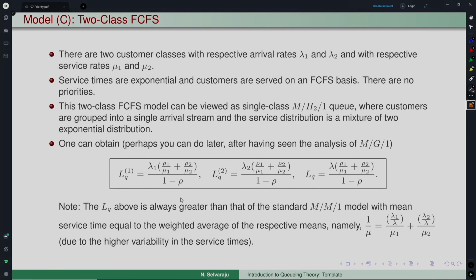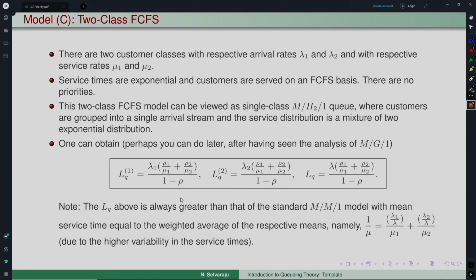Now, one can show that the Lq here in the two class FCFS is always greater than in the standard M/M/1 model. This is obvious because arrival you can consider as a single stream, no issue in that, but service is not exponential, it is a mixture of exponentials and hence has higher variability, so obviously your Lq has to be higher.